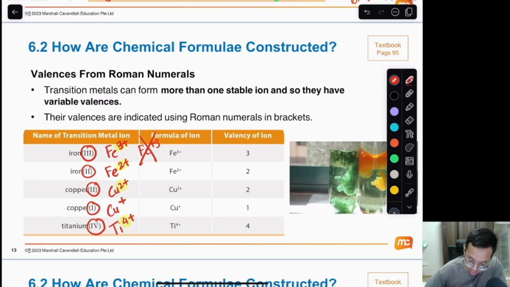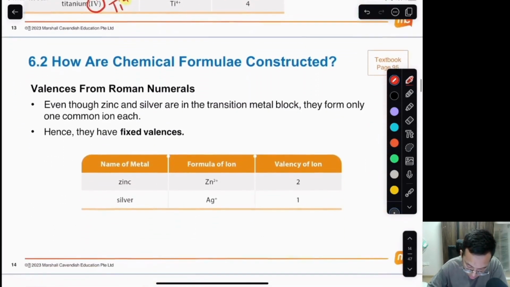This is the valency of the ion as well, because it loses 3 electrons. This one loses 2 electrons, and so on and so forth. This one should be quite simple to understand.